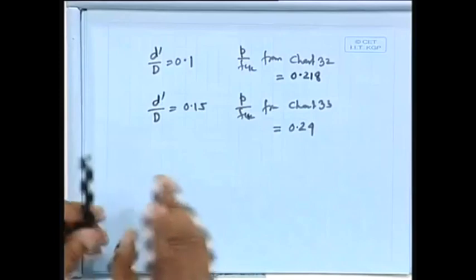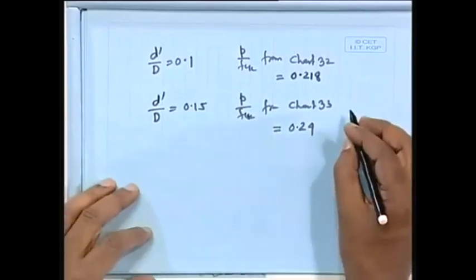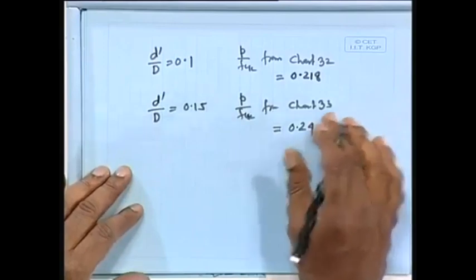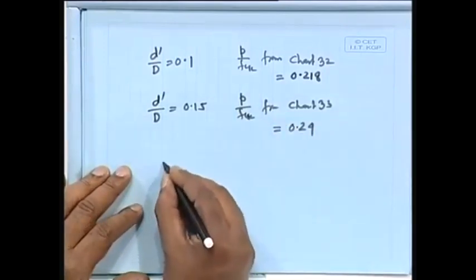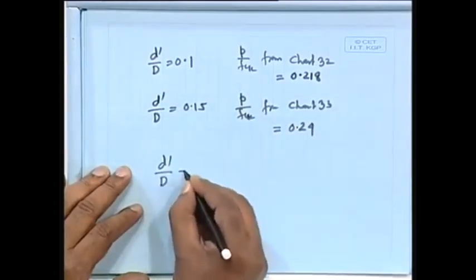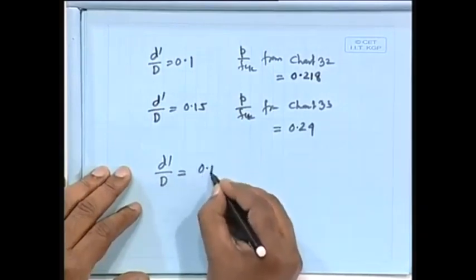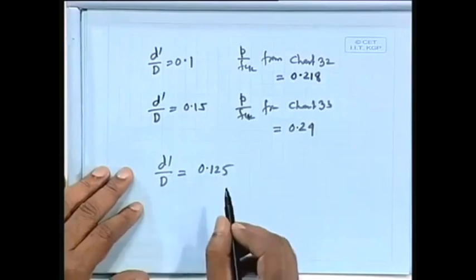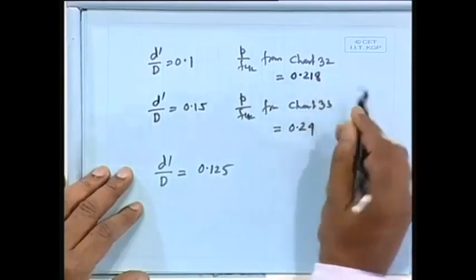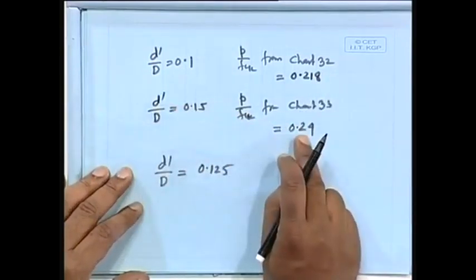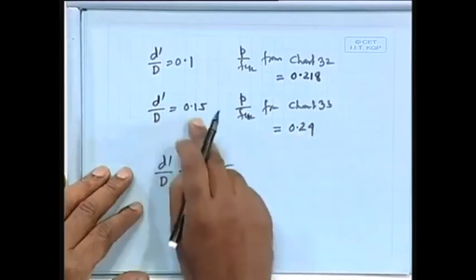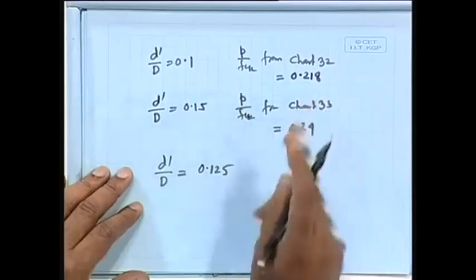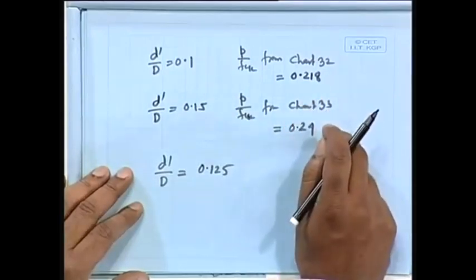Now one can argue, so which one, obviously if we do not interpolate, that means because our d dash by d which we have computed is equal to 0.125. So if we do not interpolate, then obviously we have to go to that chart for d dash by d equal to 0.15, because percent of steel here is more.